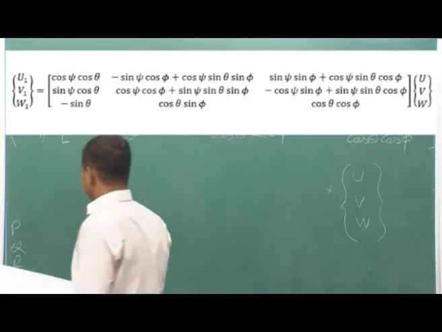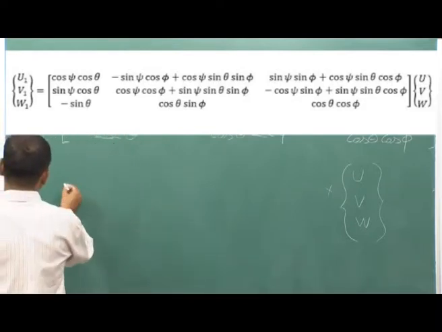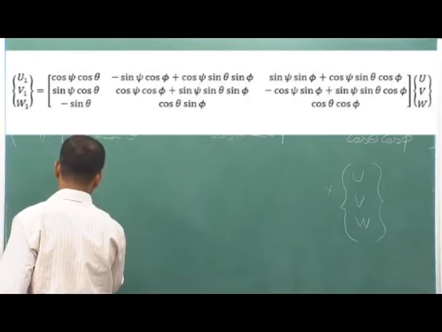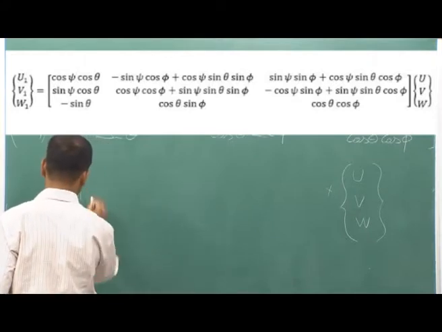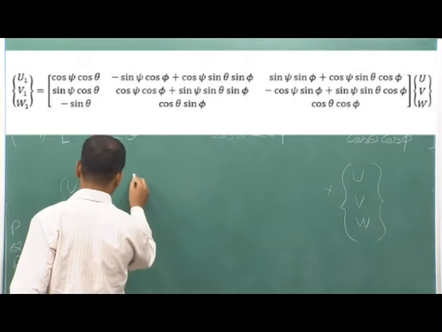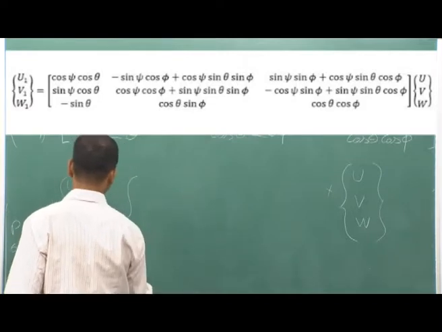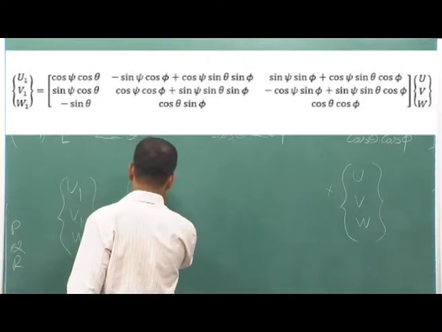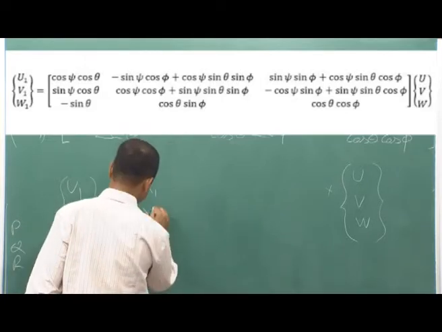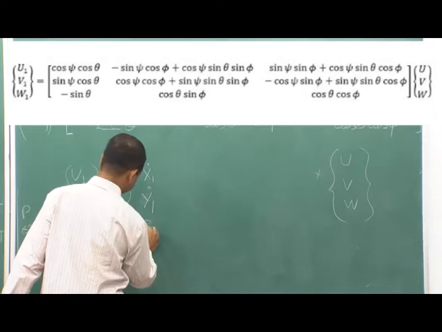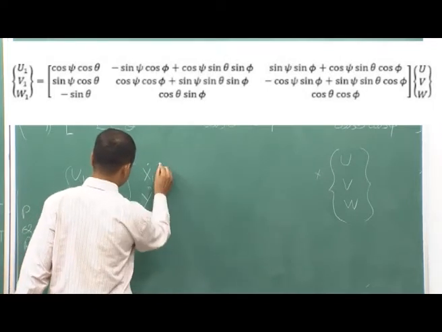You can write U1, V1, W1 as x1 dot, y1 dot and z1 dot.